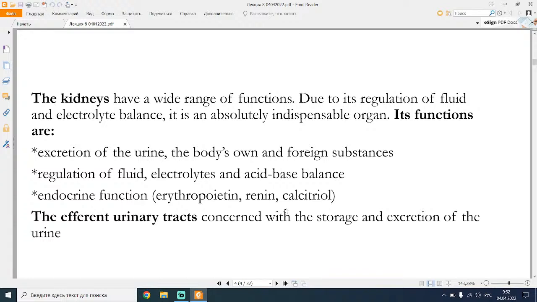The efferent urinary tracts are concerned with the storage and excretion of the urine.